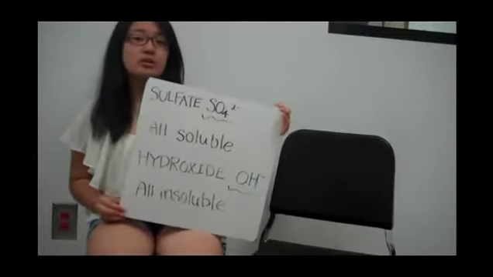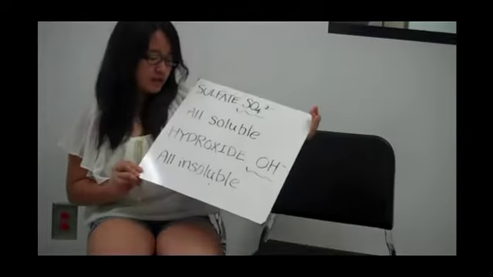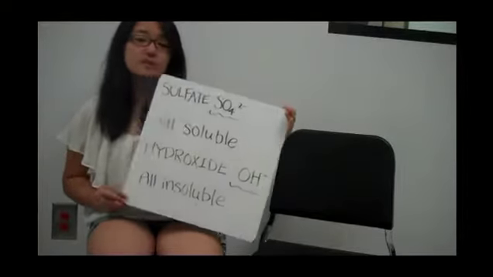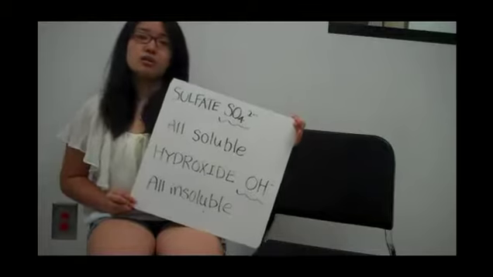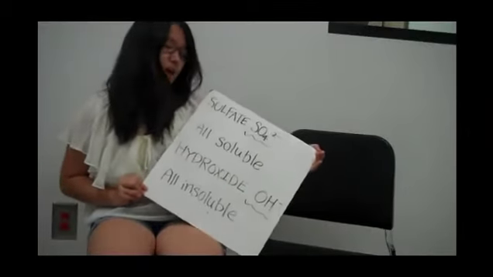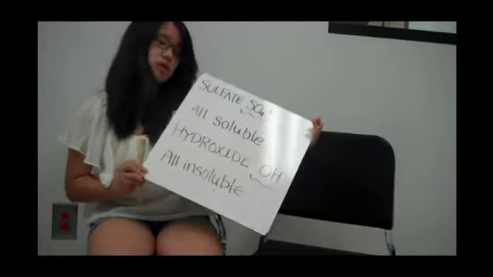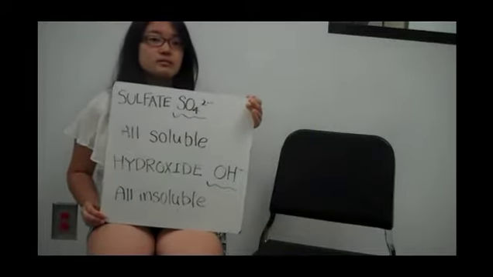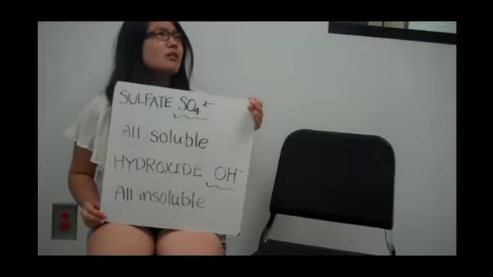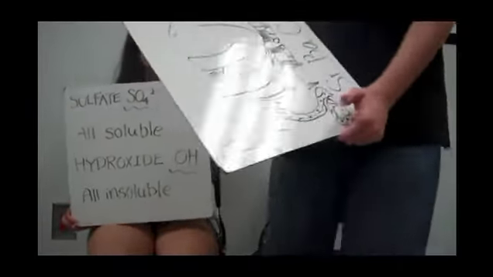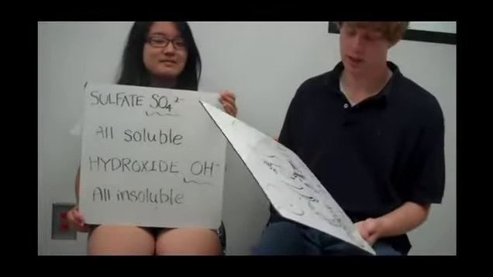Now let's talk about other substances, such as sulfates and hydroxides. Sulfate, SO4 2-, is all soluble, and hydroxide, OH-, is all insoluble. Now that's just not true. There are a few exceptions for this too, and I brought my mnemonic device this time.